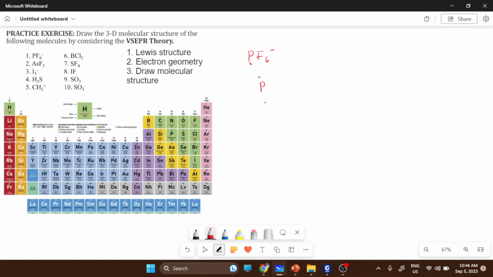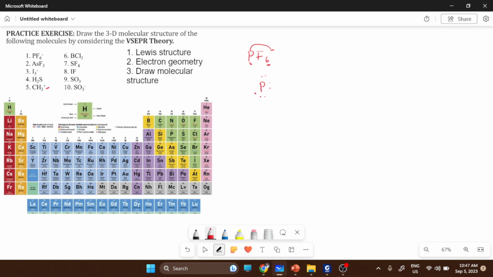Because phosphorus is group 5 and it has 5 Lewis dots, right? Now, if we draw this as is, with the negative charge going to our fluorine, then the phosphorus does not have the capability to accommodate the 6 atoms. So, the negative charge, remember, right? When there is a negative charge, you add electrons. When positive, you subtract.